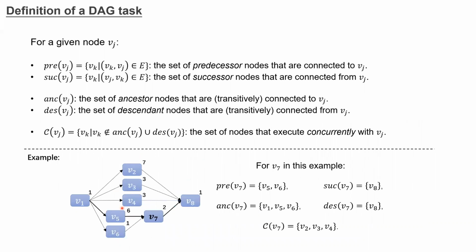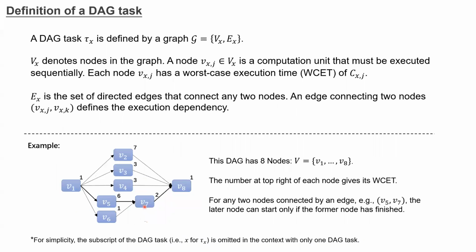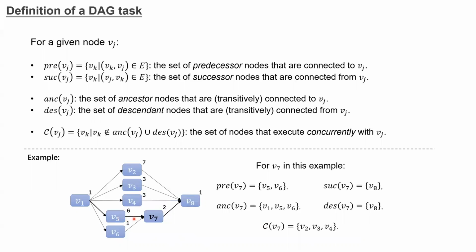And for a given node, we have a set of functions that describe the relation between this and other nodes in the DAG. So let's take node 7 as an example. First, this node has a set of preceding nodes that are connected directly to node 7, which are node 5 and 6. It also has a set of successor nodes that are connected from node 7, which is node 8 in this example.